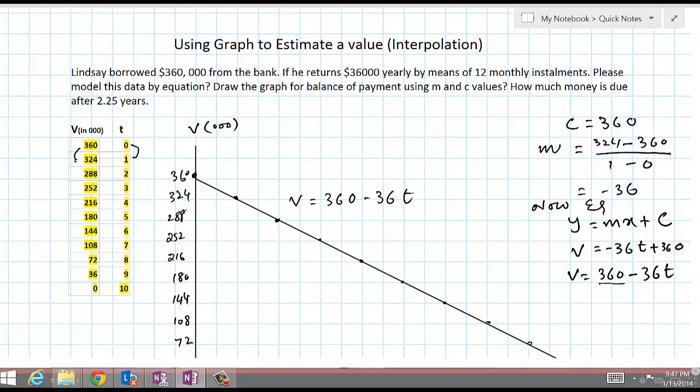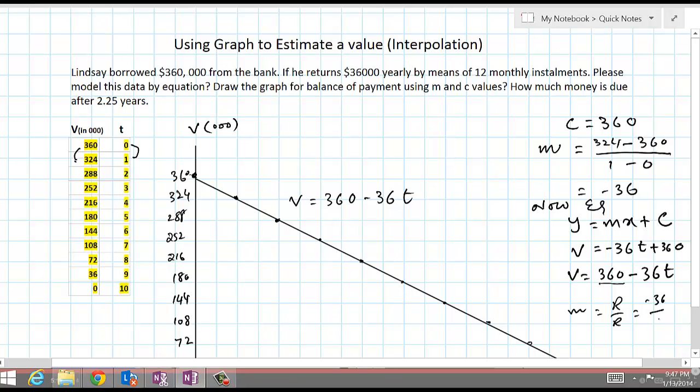If we wanted to use M and C values instead of plotting those points, the C we already do here, and then for minus 36 we go, it's because M is equal to rise over run, and that is minus 36 over 1.